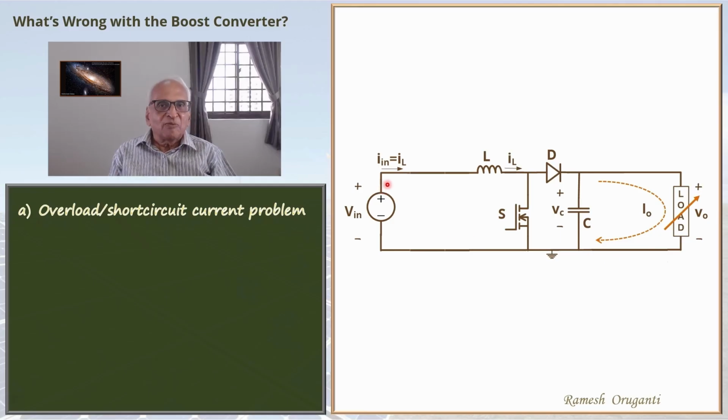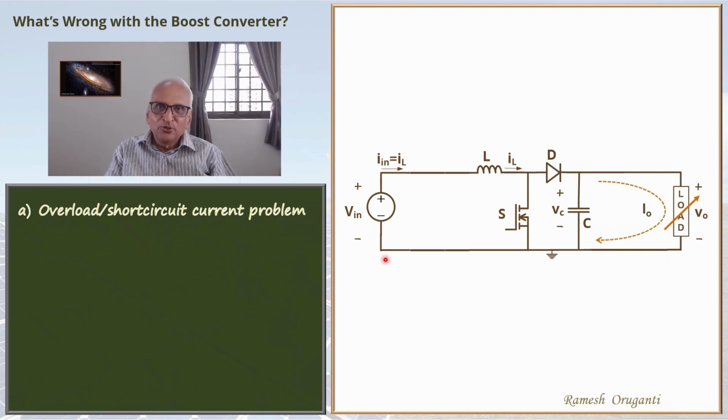Notice that from the source, there is a direct path to the load via the inductor and the diode. So the current can go on increasing, even up to short circuit. You do not have a mechanism within the boost converter to switch off the current. The output current can increase indefinitely without limit.